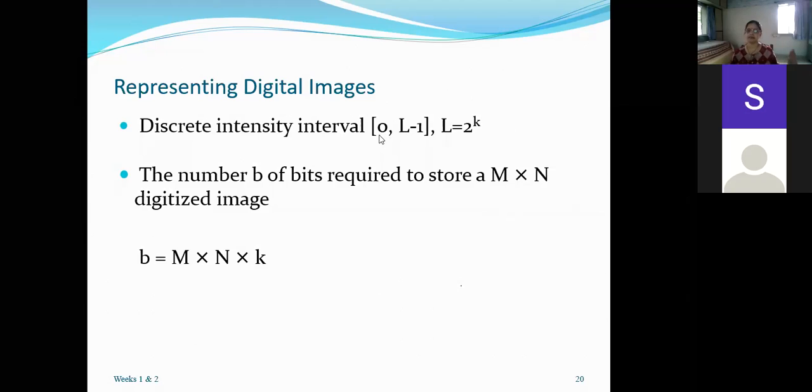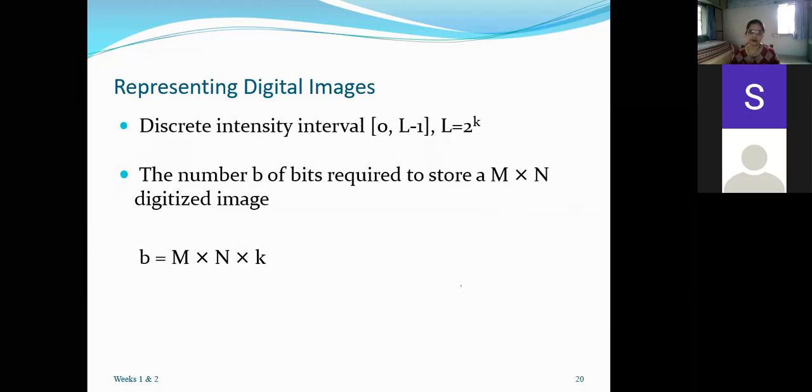0 represents black and 255 represents complete white shade or maximum bright level, and whatever numbers are between 0 and 255, they will represent intermediate gray values.